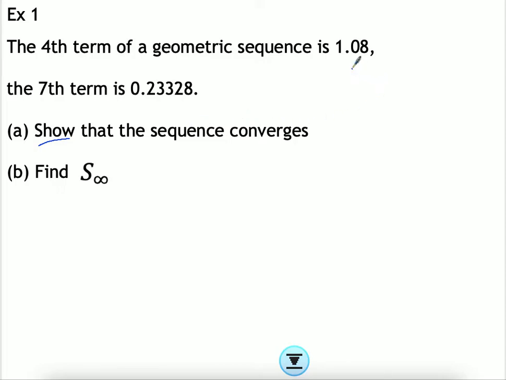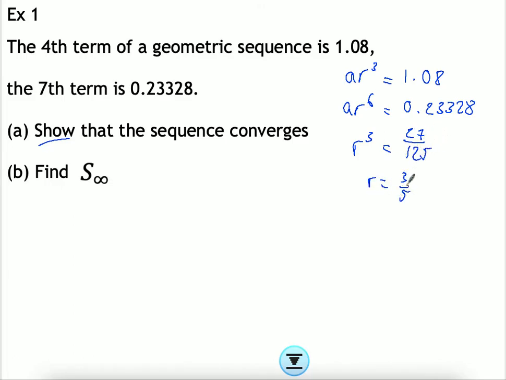So the fourth term is ar cubed, and the seventh term is ar to the power of 6. If we divide those, we get r cubed, and if we divide these two, we get 27 over 125. So r is 3/5. Done. It's between -1 and 1.